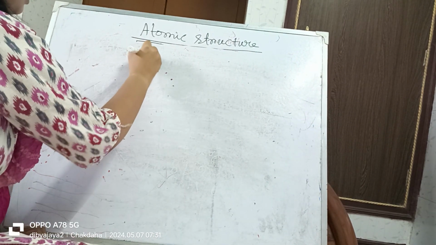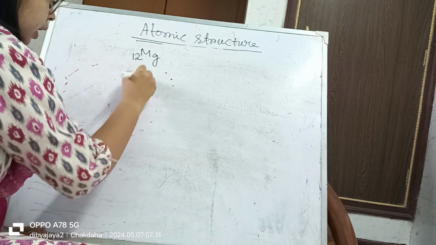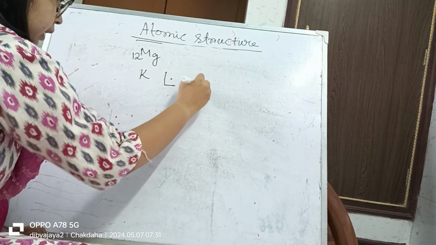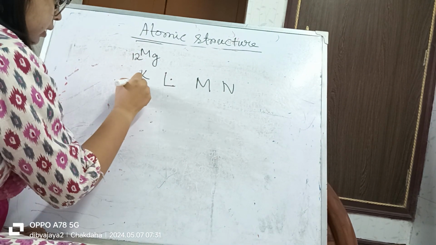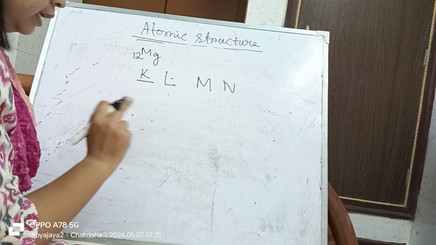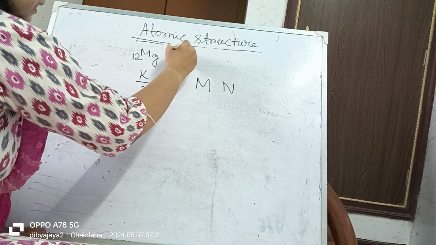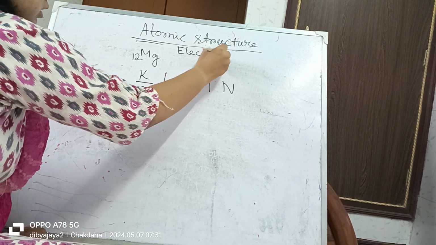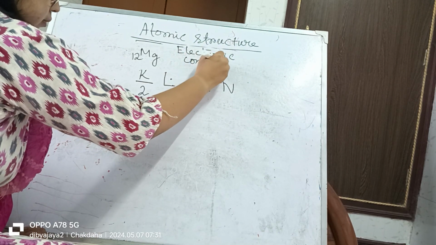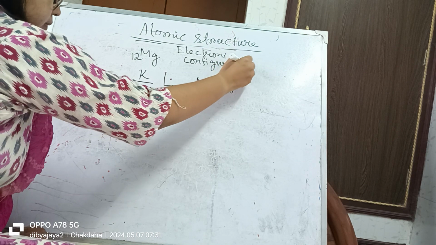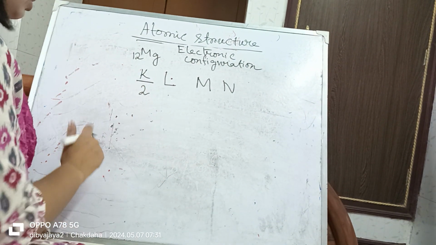Suppose magnesium, it has 12 electrons, then K, L, M, N. How many electrons can stay in the K shell? Number 2. Electronic configuration: in the K shell there are 2 electrons.